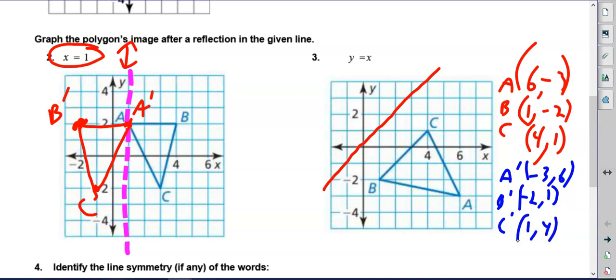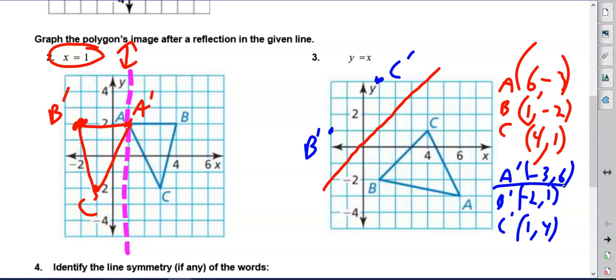So I'm going to work backwards. 1, 4 is going to be right here. So that's my C prime. B prime is going to be -2, 1. That's going to be right here. A prime, we're just going to have to imagine. That's why it's good to show the work here. It's -3, 6. So -1, -2, -3 is going to be off a little bit.